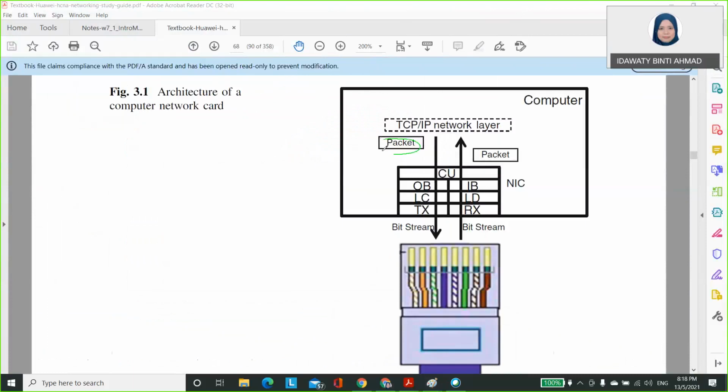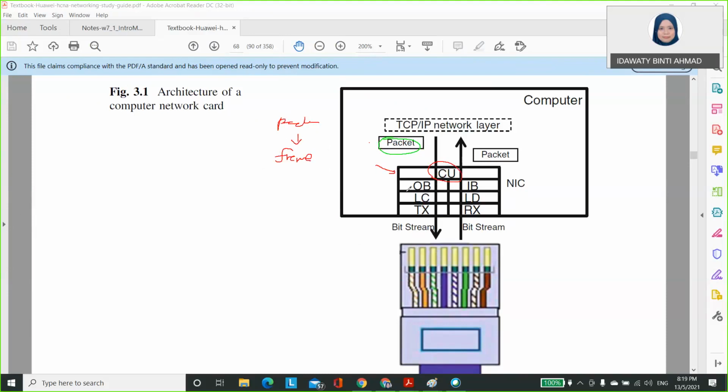You have a packet here, and this packet will be encapsulated to become a frame. You can refer to the books for this. I already mentioned this: the packet is encapsulated to become a frame.